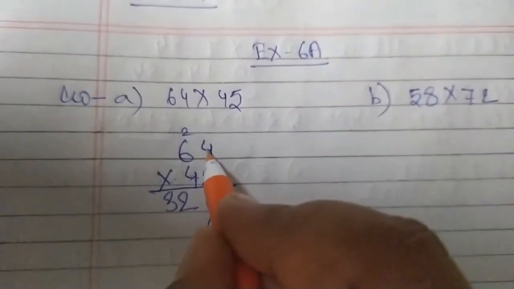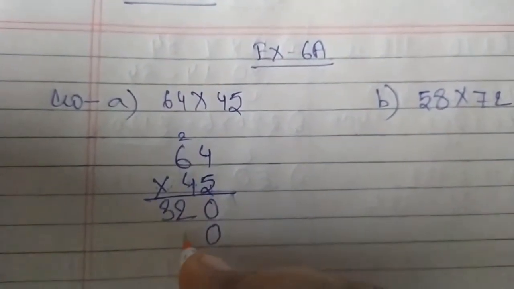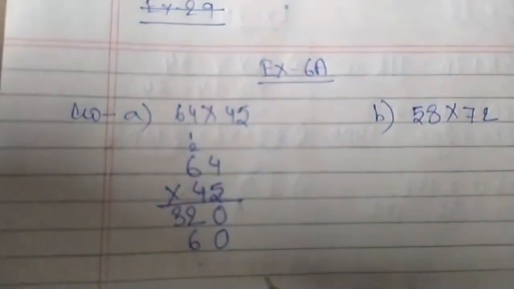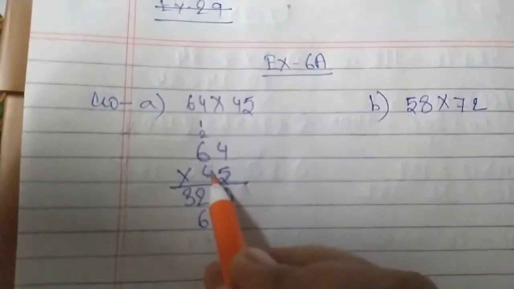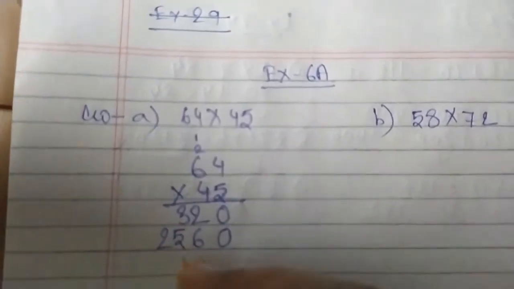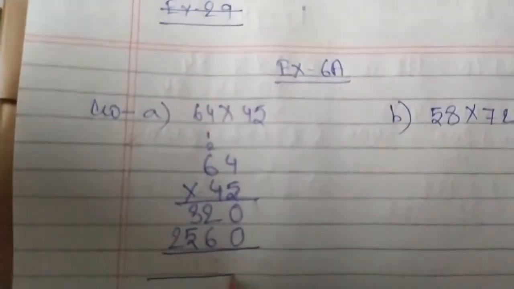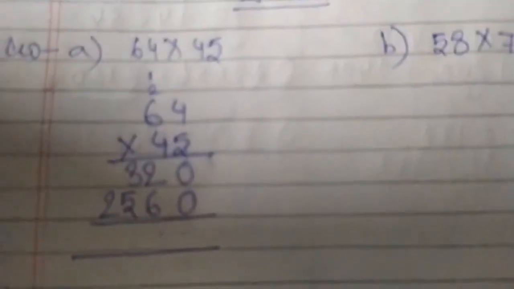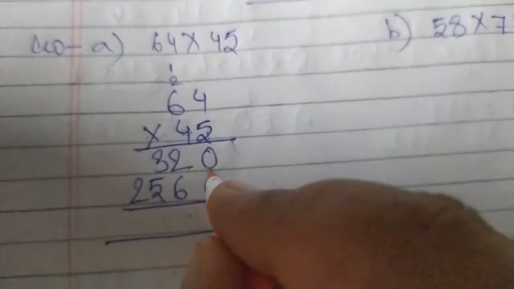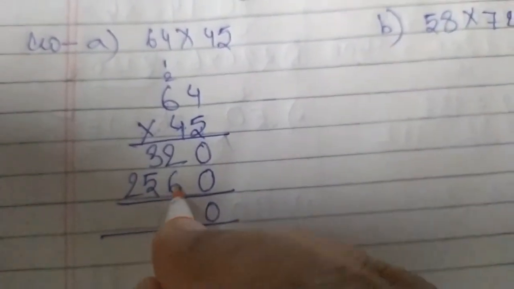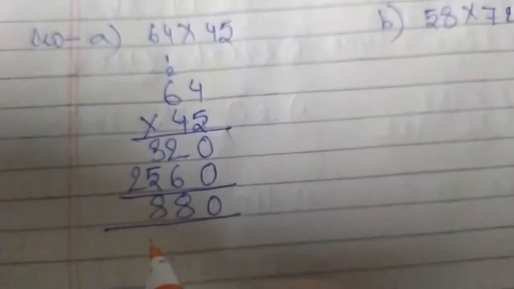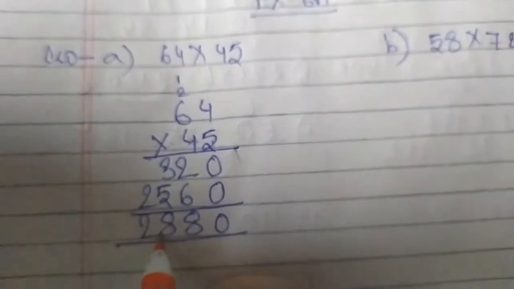Now, 4 fours are 16. 6 is the ones place that we will put, and 1 is the carry that we will write. Next, 6 fours are 24 plus 1, 25. So we will write like this. Now after doing the multiplication, we will now add. 0 plus 0, 0. 6 plus 2, 8. 5 plus 3, 8, and 2 will come down.